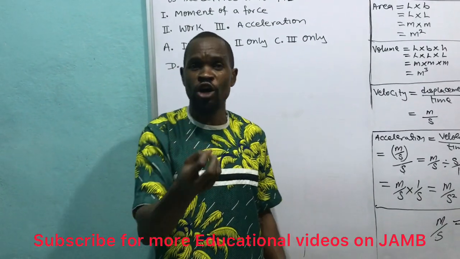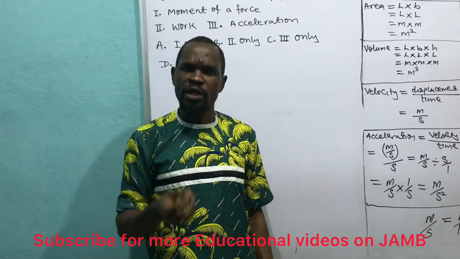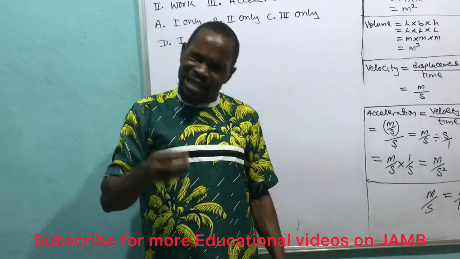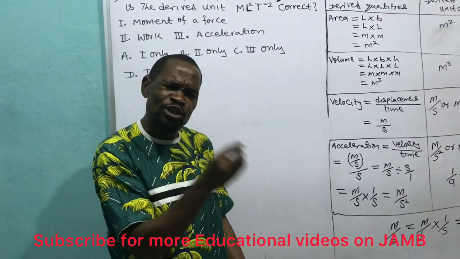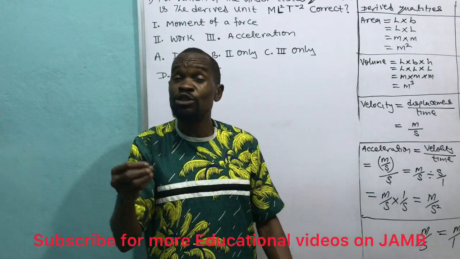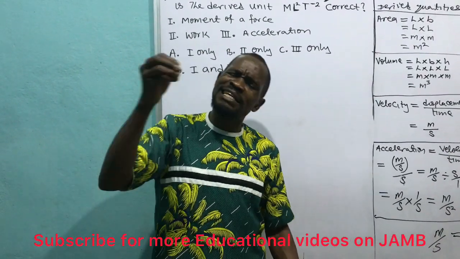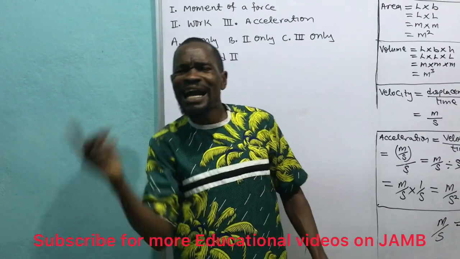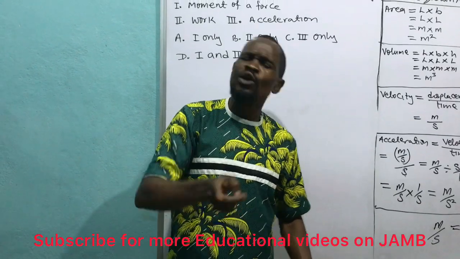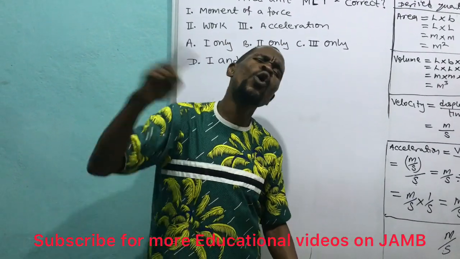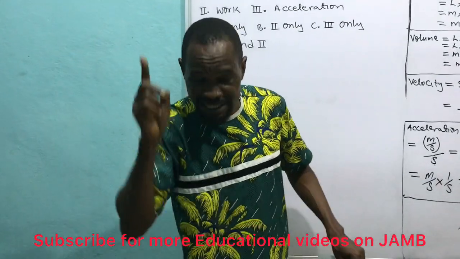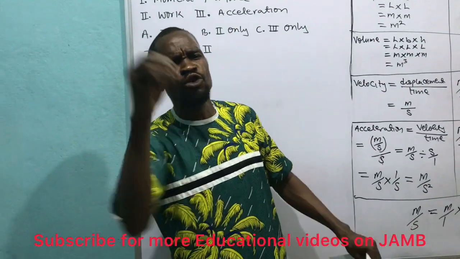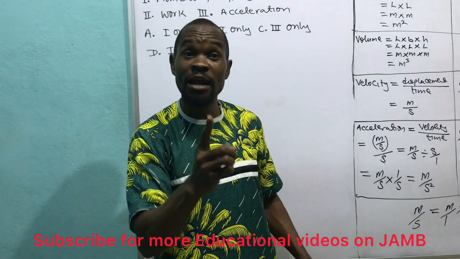Just like work done is measured in joule, then energy is measured in joule. That means the dimension of work done is the same as the dimension of energy. You remember that energy can be kinetic or potential. Whether kinetic or potential, they are all measured in joule, and all of them will have the same dimension. So any quantities that have the same unit have the same dimension.